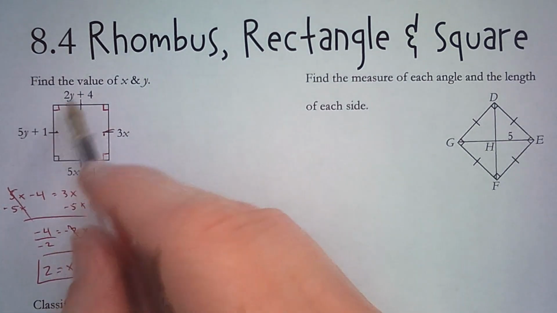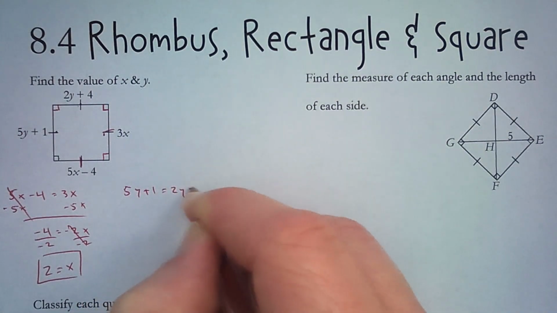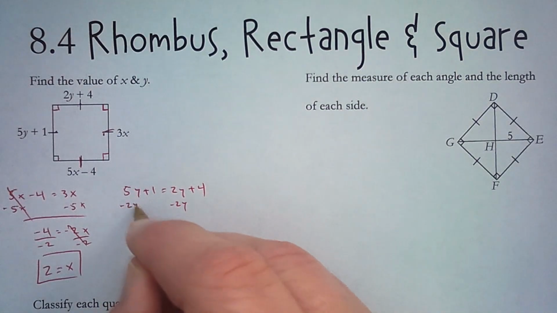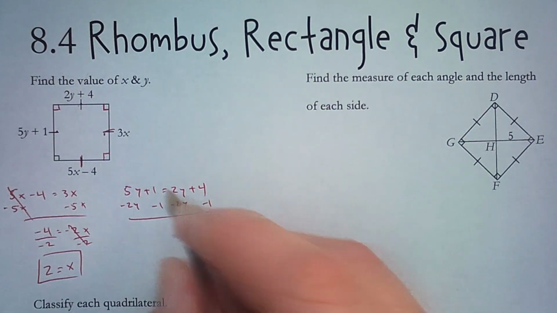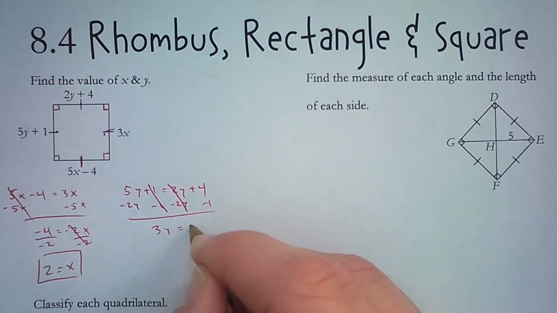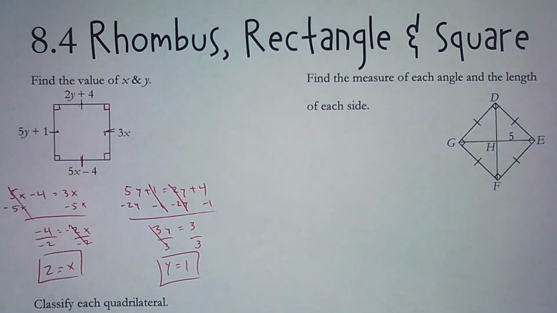And then for the y's, these are congruent. So 5y plus 1 is equal to 2y plus 4. I can subtract 2y, and I can subtract 1, and I get 3y equals 3. And I can divide by 3 and get y equals 1.